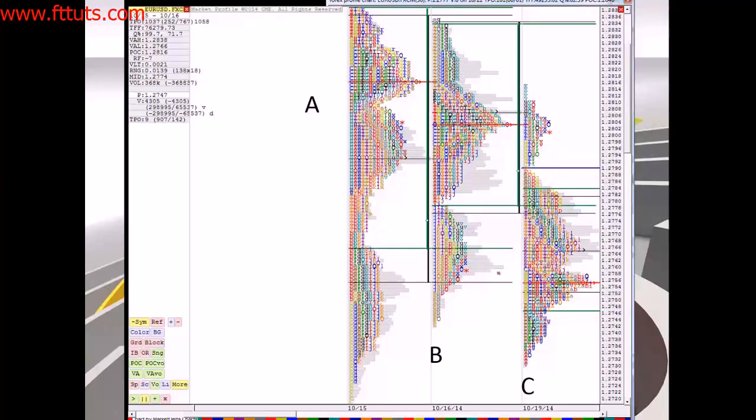We had already identified some key nodes back here and here and here, and notice now how, for instance, this key node that we had identified before and this one, we had a selling tail up above here at the top, so this zone of selling was still really very much intact.